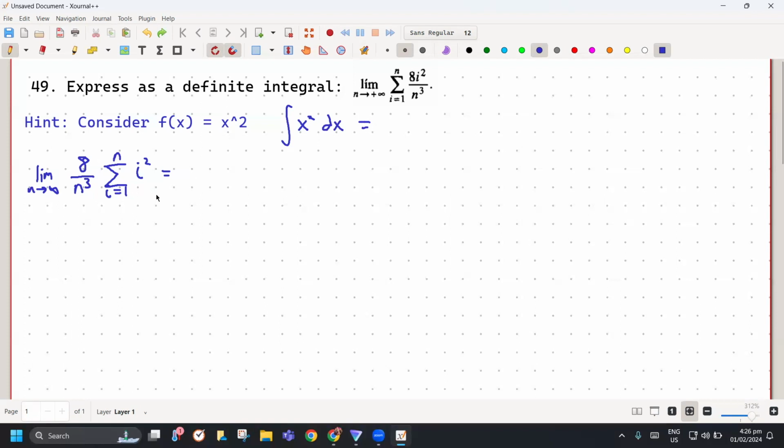Okay, so, wait, yung I squared. Mag-group together ka ng mga terms. Para, ito yung delta x.